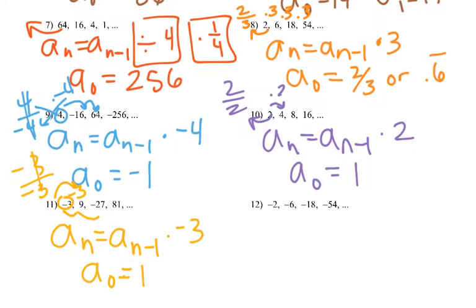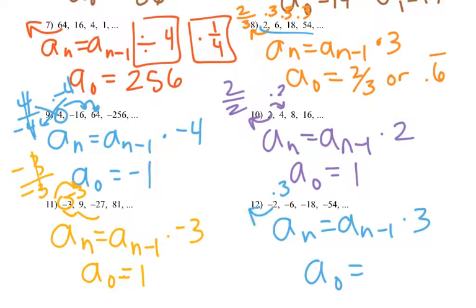Okay, and then finally number 12. Negative 2, negative 6, negative 18, negative 54. It's kind of like that one, isn't it? So we're timesing by 3 again, okay? Because they're all negative, we have to multiply by positive 3. So a sub n equals a sub n minus 1 times 3. A sub 0 would equal, going backwards, negative 2 over 3.